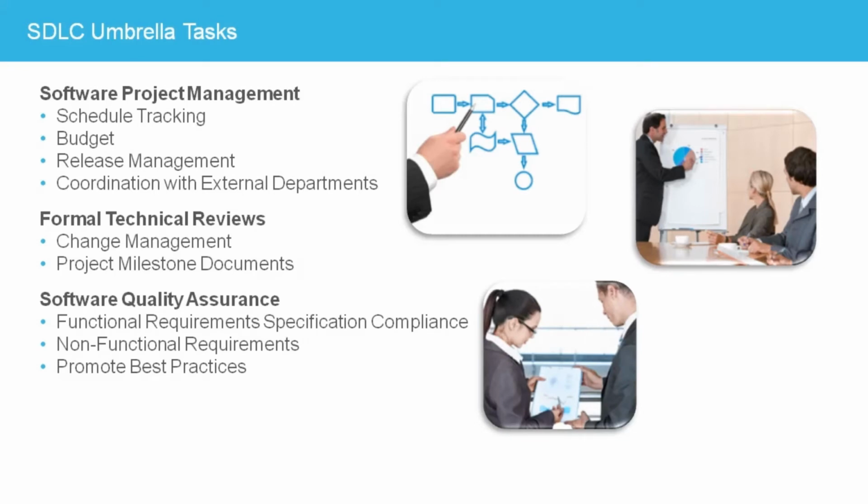Software quality assurance provides oversight across the entire software development process to ensure requirements for the project are fulfilled and the software produced is of high quality. QA is responsible for promoting standards and best practices, as well as ensuring the project adheres to industry regulations and business procedures and processes.